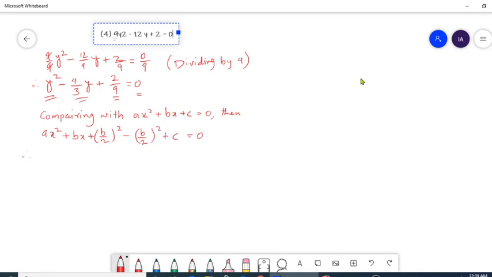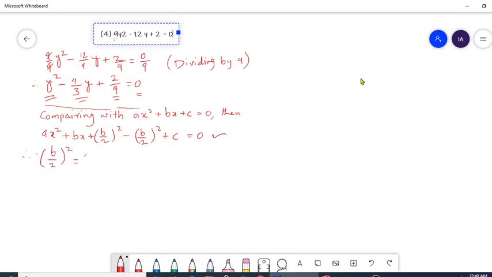So this equation can be written in this way. Before writing this equation in this form, we need (b by 2) whole square. So first I'll find out the value of (b by 2) whole square.